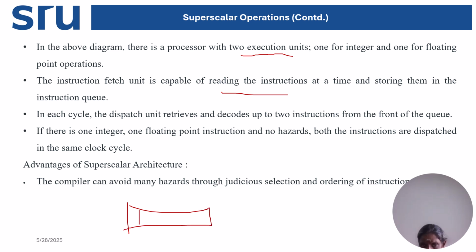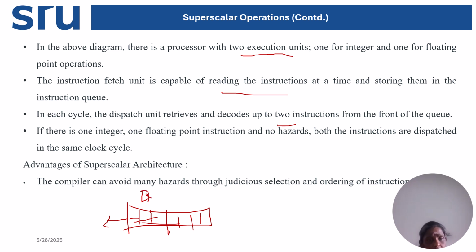In this case, there are so many instructions kept in the queue, and the instructions first taken will be from this direction only, not from the opposite direction. So one by one they will be taken out. In each cycle, the dispatch unit retrieves and decodes up to two instructions from the front of the queue. So this is the queue and this is the front end.